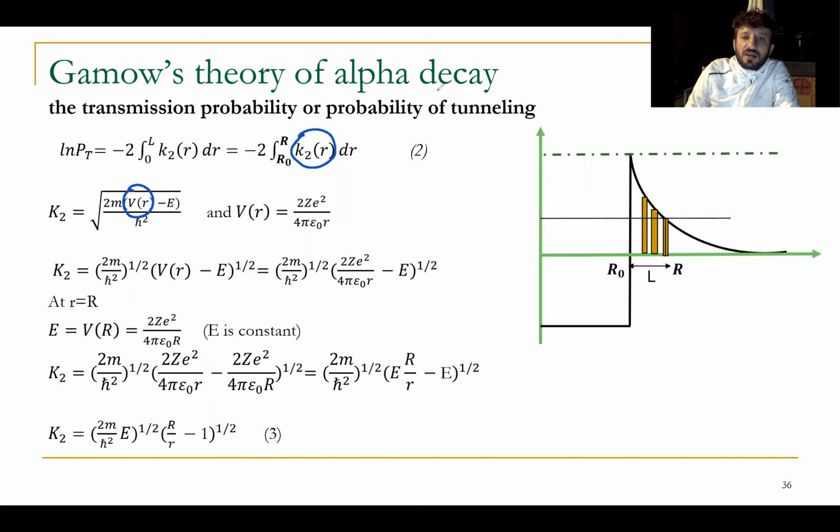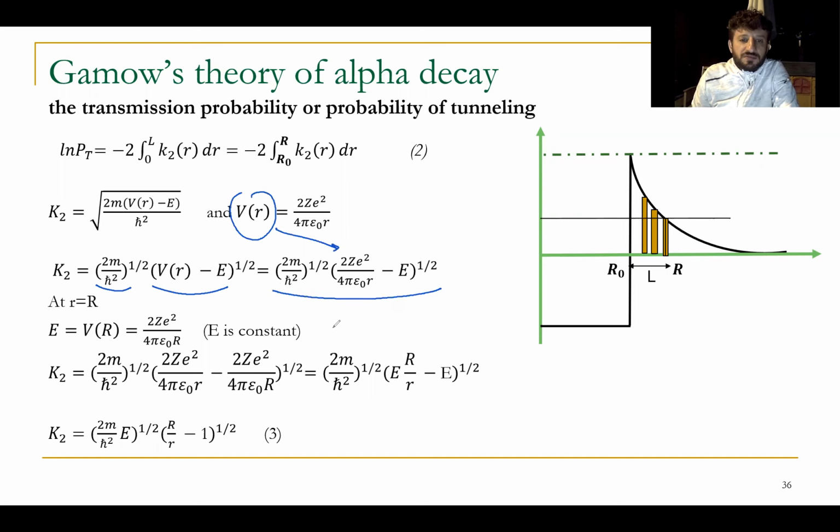Here I separate this equation. I can take 2m divided by h squared out, and here we have this term and this term power half. Here I substitute the value of V(r) to get this term.